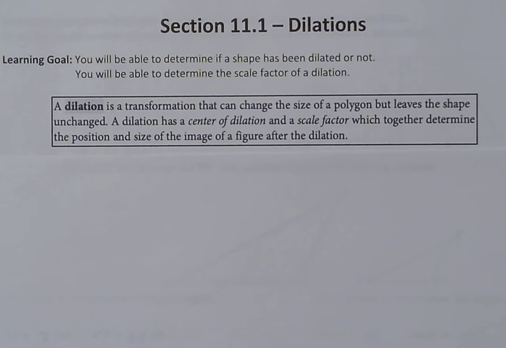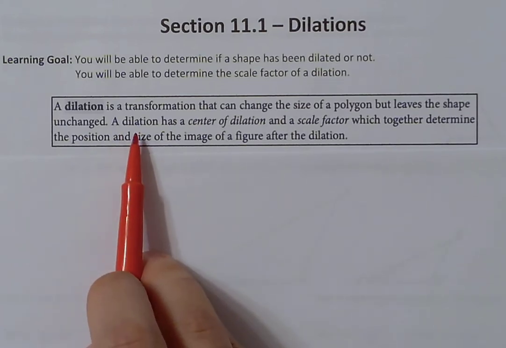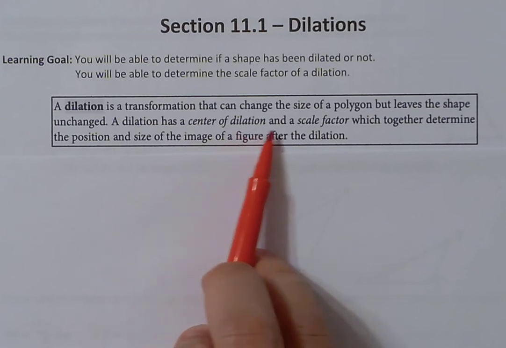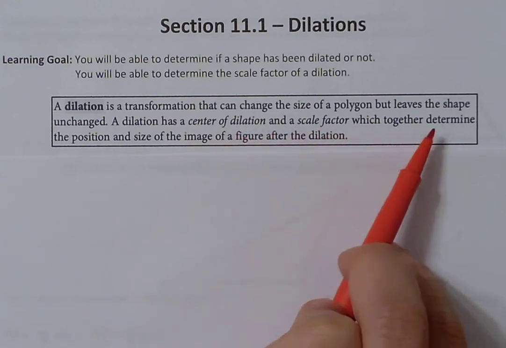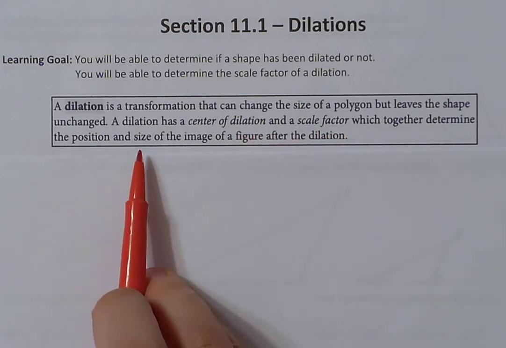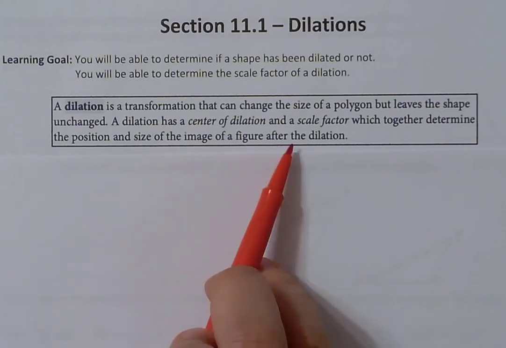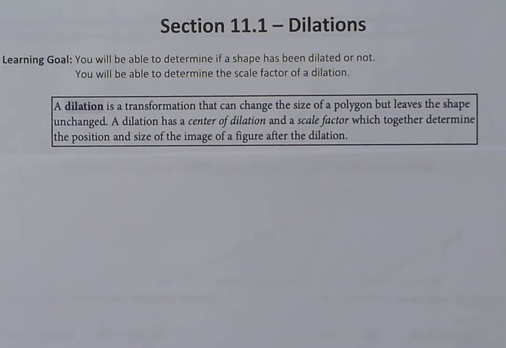So a 30, 60, 90 triangle would still be a 30, 60, 90 triangle. It just might be bigger or smaller. Now, a dilation has a center of dilation and a scale factor, which together determine the position and size of the image after the dilation. So I'll talk about what those two things mean in a bit and how we can figure them out.